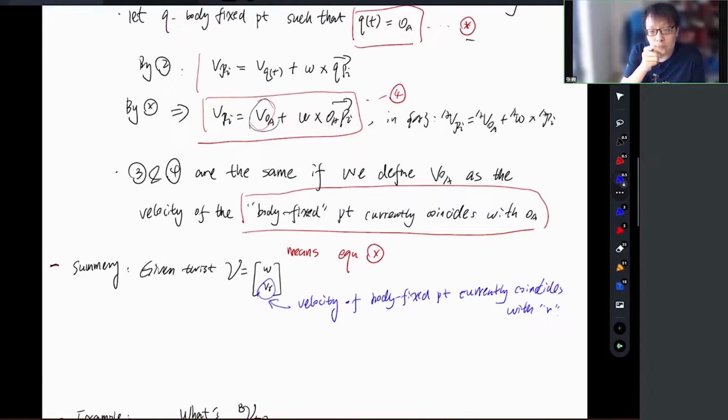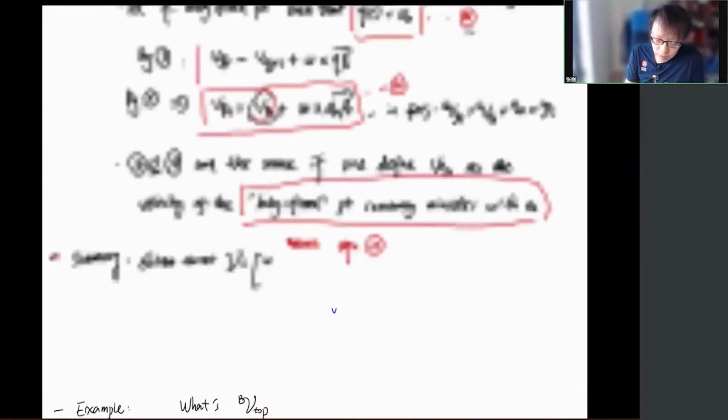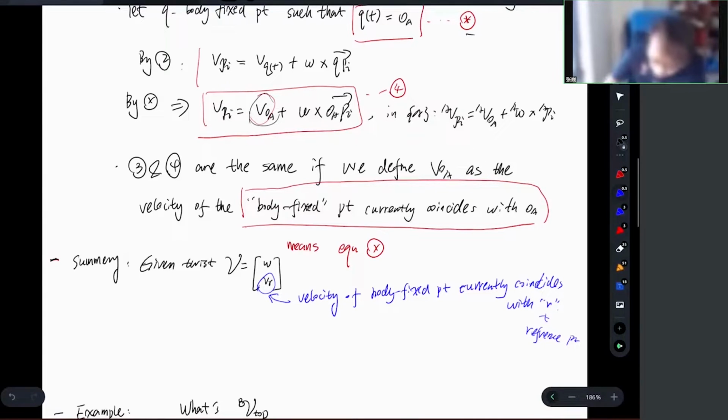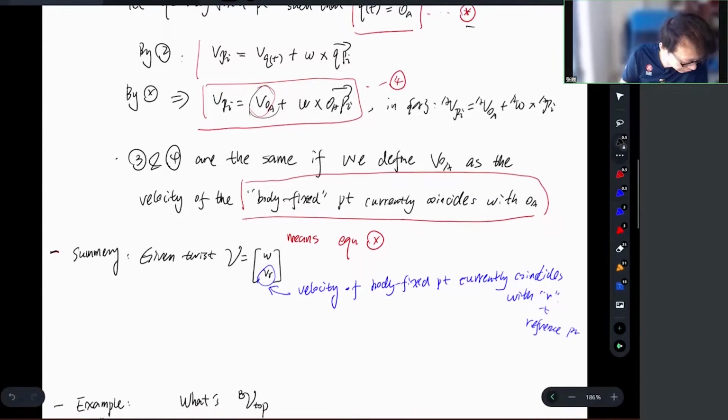That's 3.1 case or 3.2 case. It doesn't matter. We define this V of R as the velocity of a body fixed point currently coinciding with R. I hope that's clear enough. And this, I often call it a reference point, but it doesn't have really official name.